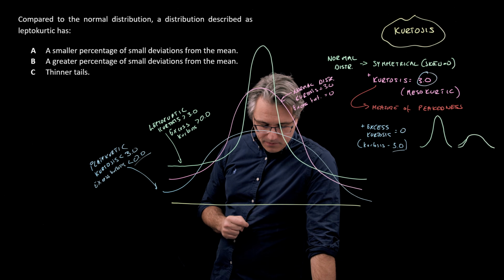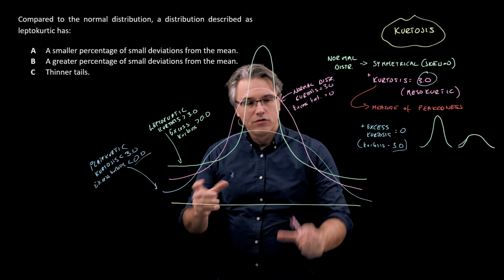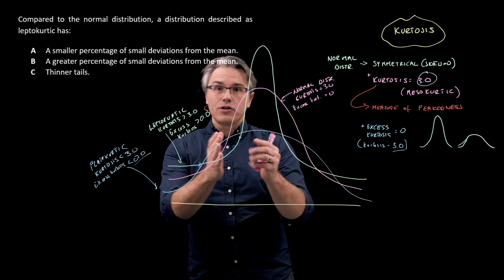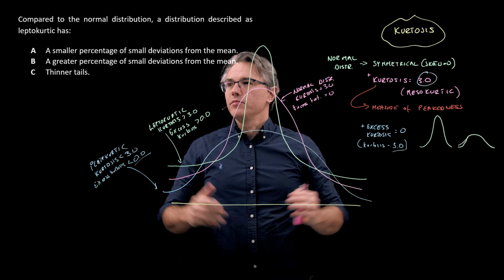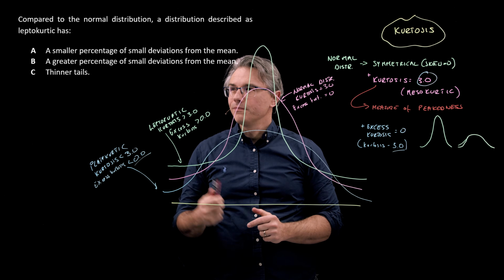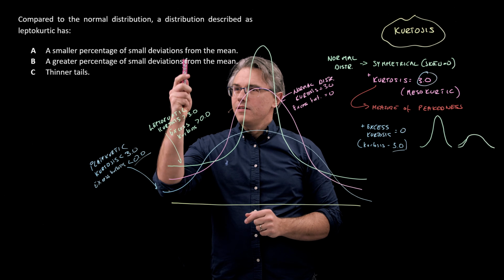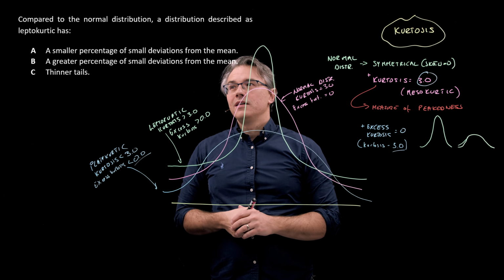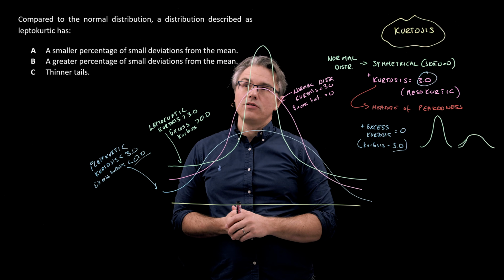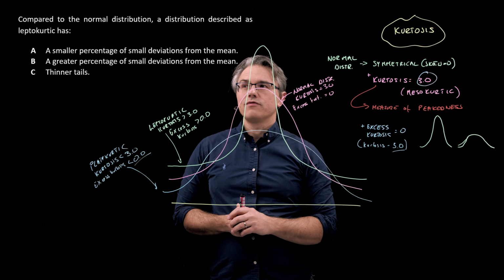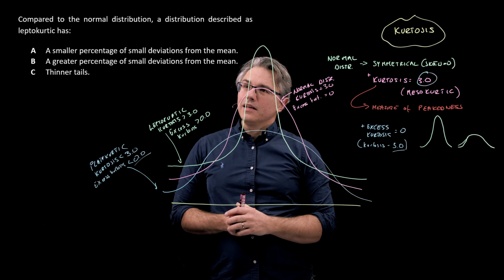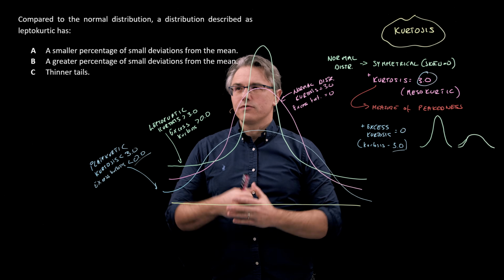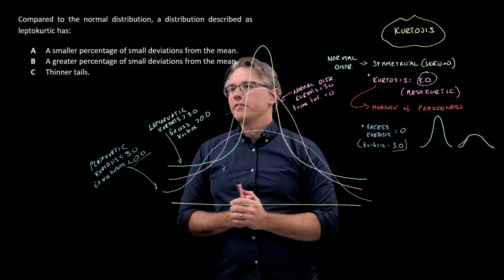And that's going to be a higher proportion of extreme values, which are further away from the center, from the mean. So the first suggestion here, that the leptokurtic has a smaller percentage of small deviations from the mean, and then suggestion B, a greater percentage of small deviations from the mean, they obviously are contrary to each other.